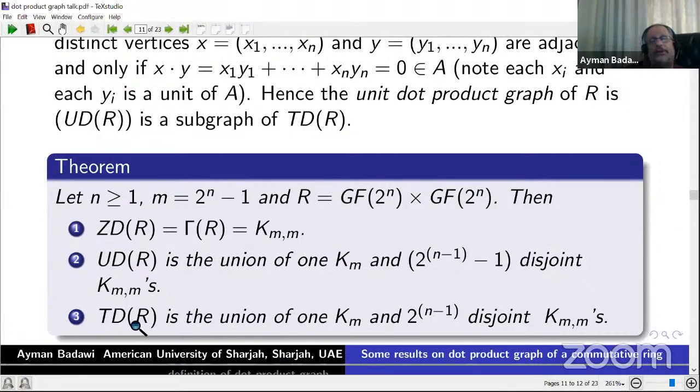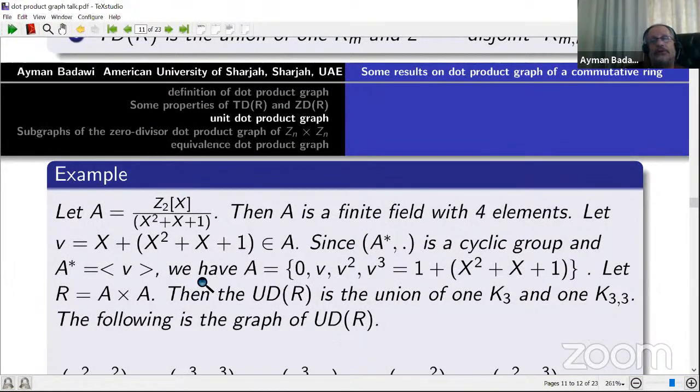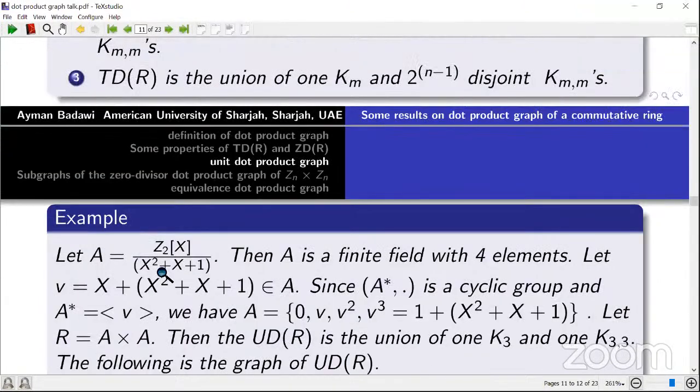The total dot product, so if this is the case, again, a product of 2 finite fields of characteristic 2, I know the structure of the zero dot product, the unit dot product, and the total dot product. And here are some examples. That M is nothing but 2 to the power n minus 1.